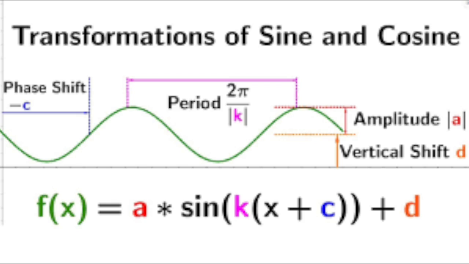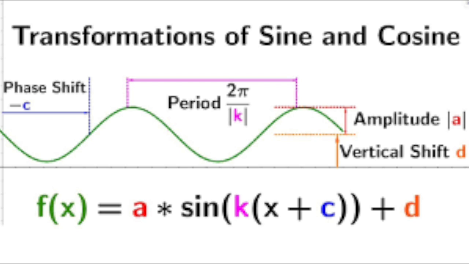If you have y equals x, it's just going to intersect at 0 and go on from there with a slope of 1. If you change the slope to 2, it's going to increase at 2 over 1. It's really similar for trigonometric functions.